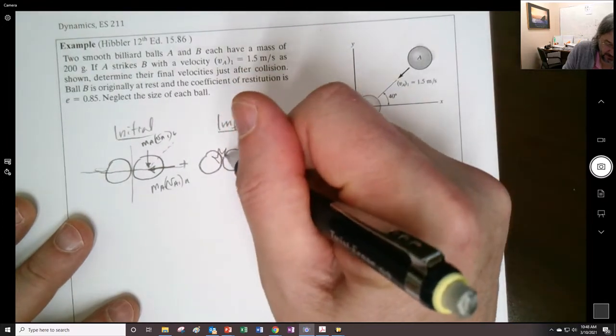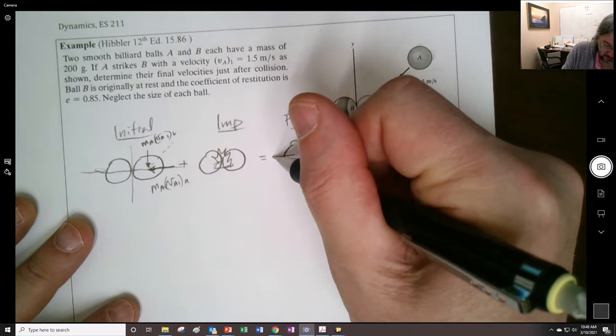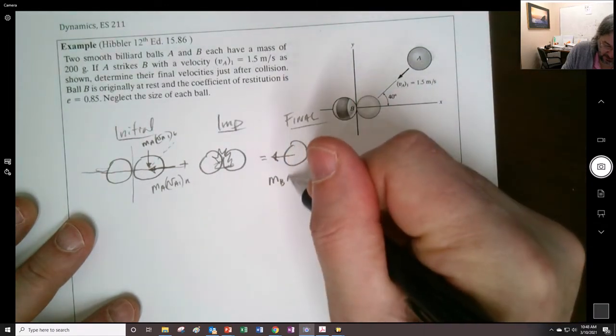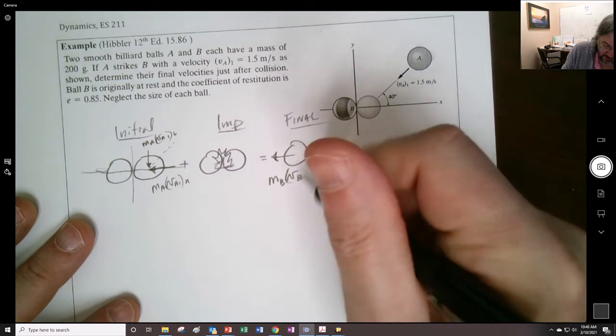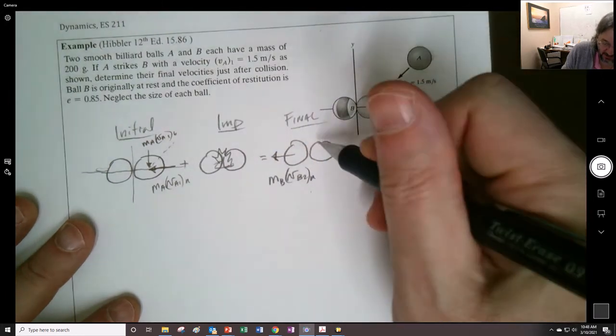They have a collision, kaplooey, and now this one, and we know the direction it's going to go. This is the mass B, velocity B2, and we'll just call it normal, but it's the entirety of this thing.